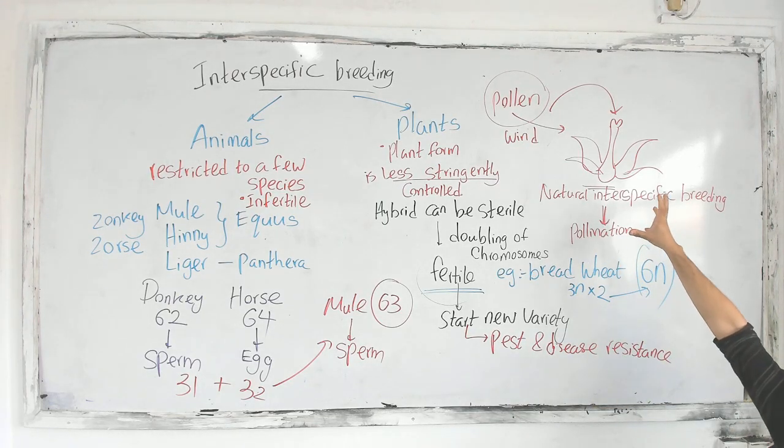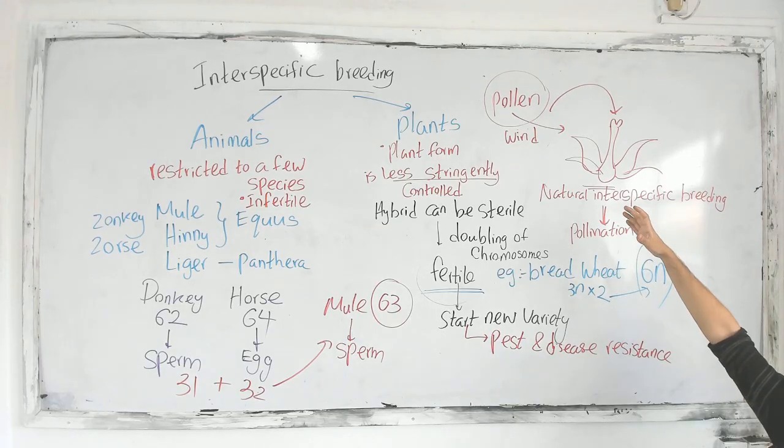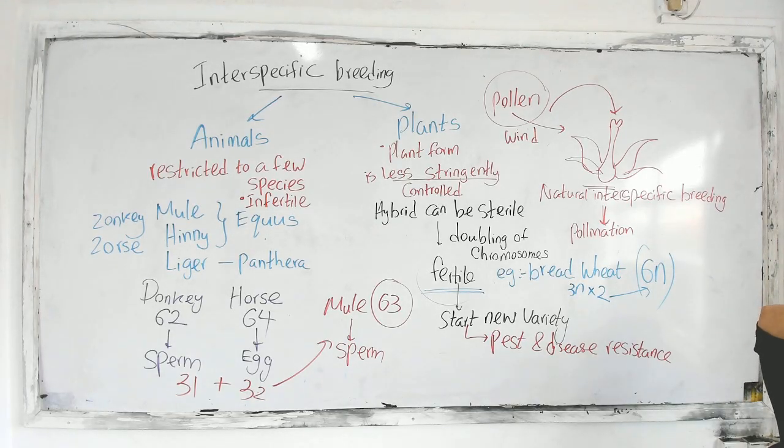You can, if you like, write down this: natural interspecific breeding happens during pollination.